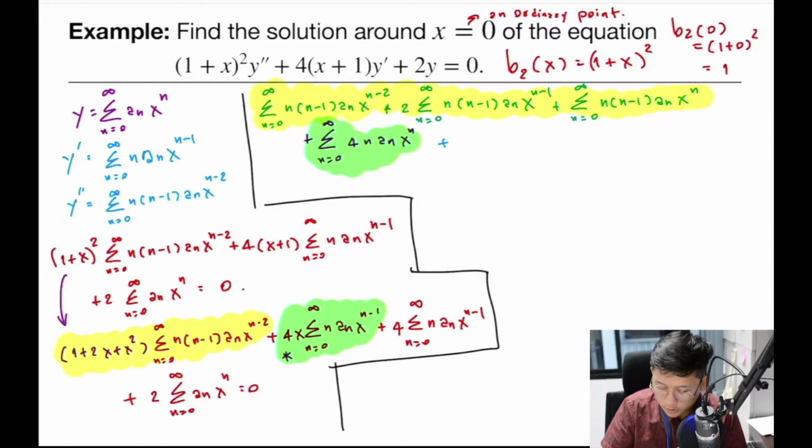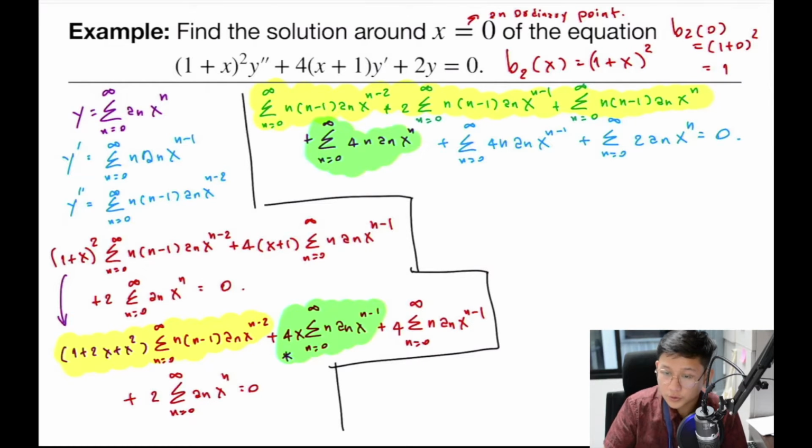Next, what you have would be summation n from 0 to infinity 4n a_n x to the n minus 1, plus summation n from 0 to infinity 2a_n x to the n equals 0. After this I'll try to group the x to the n minus 1 and x to the n minus 2 terms together.